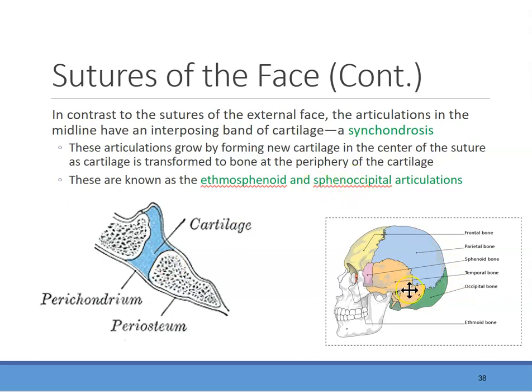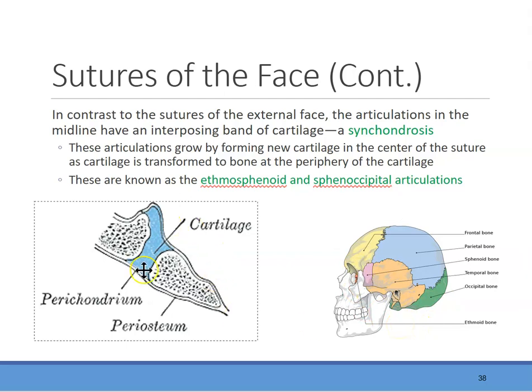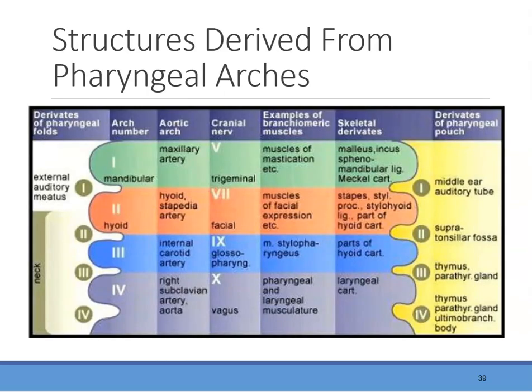Same thing with the sphenoid bone and the occipital bone. You can't really see it here, but from the back view you might be able to see them. When they merge, it's actually a cartilage in between the bones, known as synchondrosis.